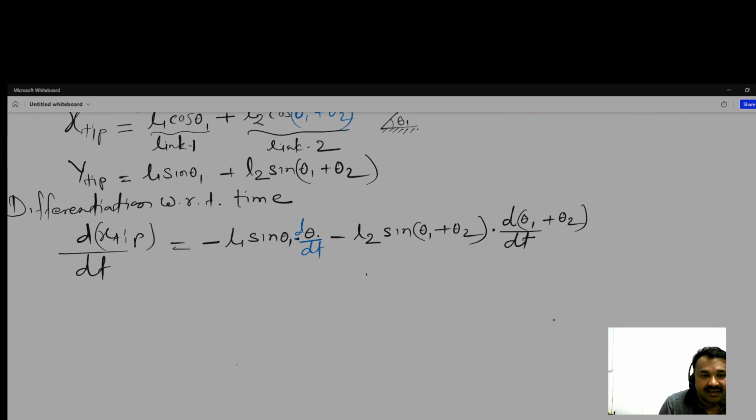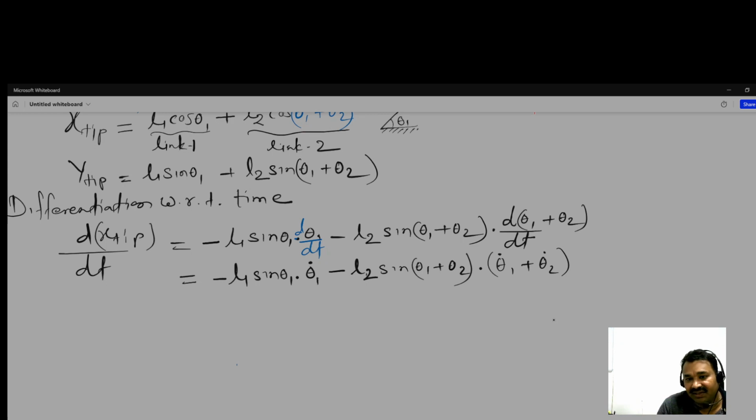So we get minus L1 sin theta 1, and theta 1 becomes theta 1 dot, meaning the angular velocity of joint 1, minus L2 sin of theta 1 plus theta 2, and theta 1 plus theta 2 with the dot, meaning the angular velocity.